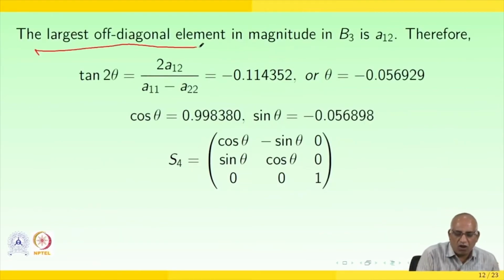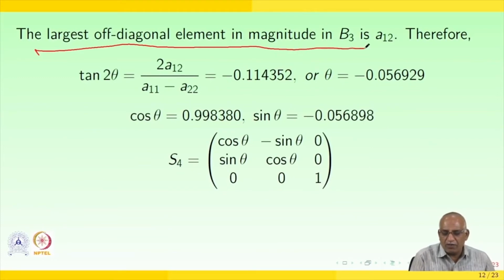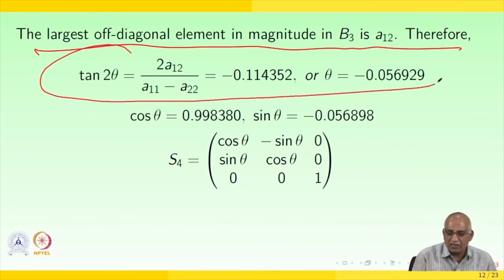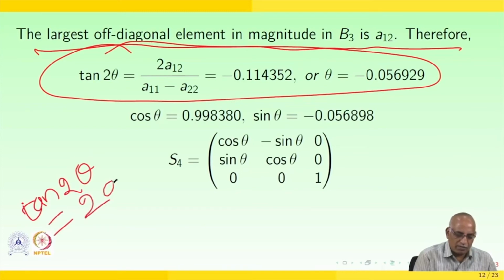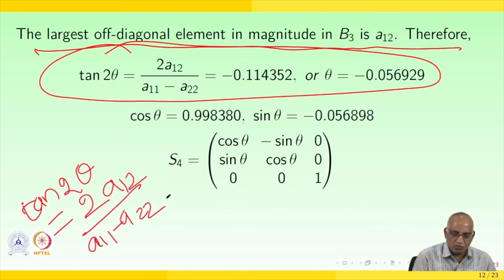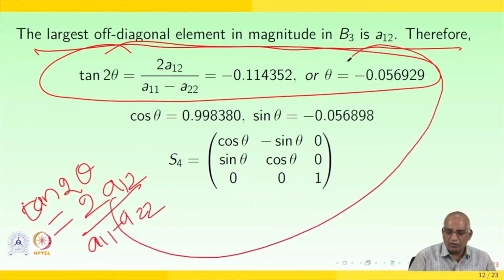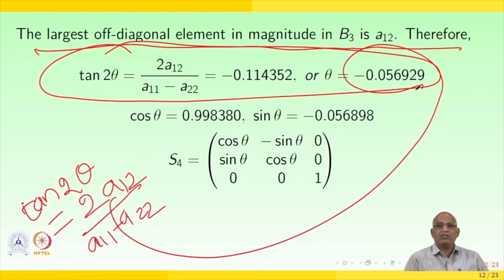So the largest off diagonal element in magnitude in B3 is A12. Therefore, we will write tan of 2 theta is equal to 2 times A12 upon A11 minus A22, which ultimately turns out to be minus 0.056929.